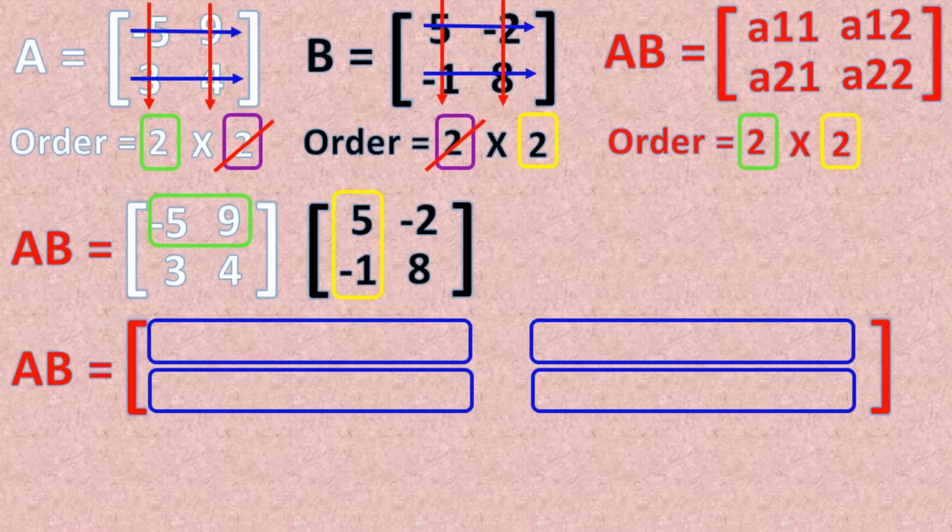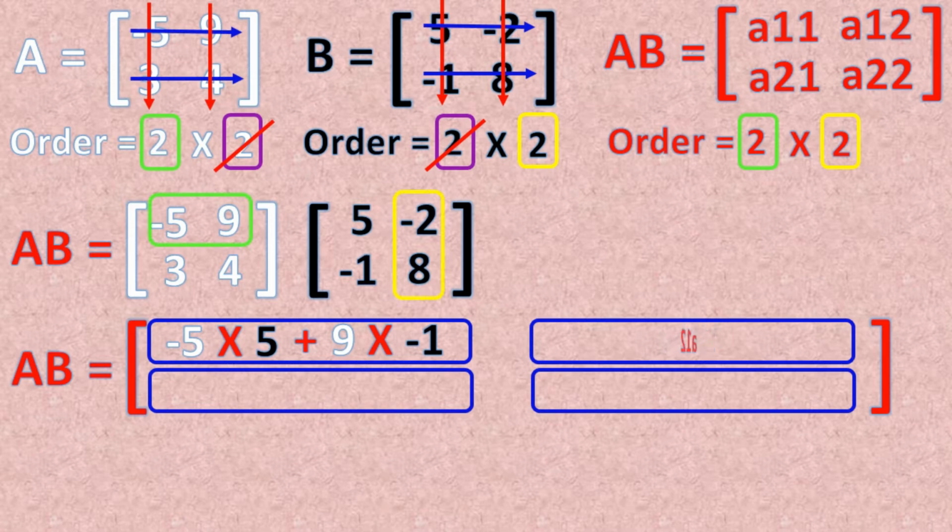Multiply first number by first number, -5 multiplied by 5, plus second number by second number, 9 multiplied by -1.